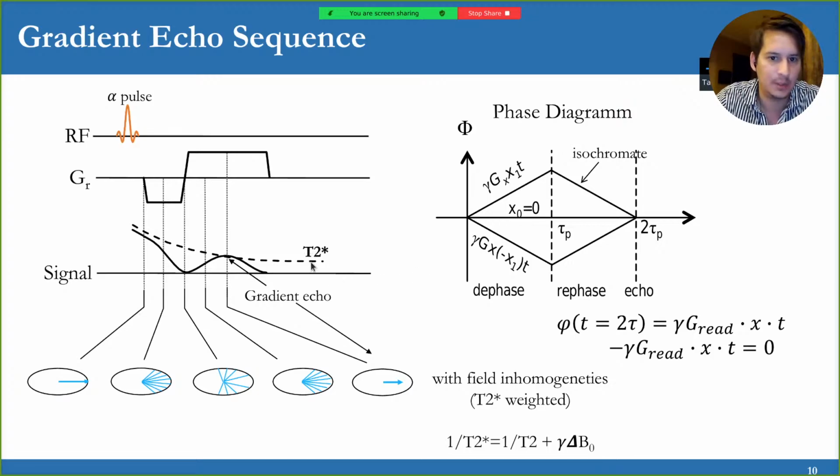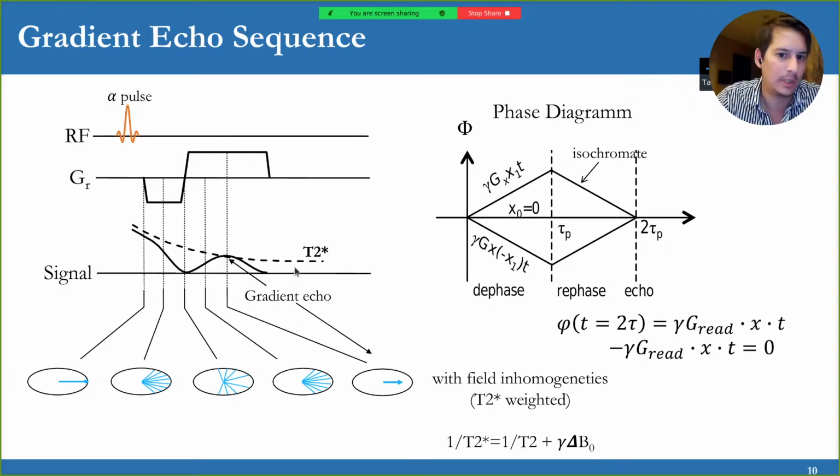And this T2 star, you can think of it as a T2 decay. It will decay exactly the same. But the reason this T2 star decay exists is because you have a lot of spins that have tiny field imperfections or inhomogeneities.